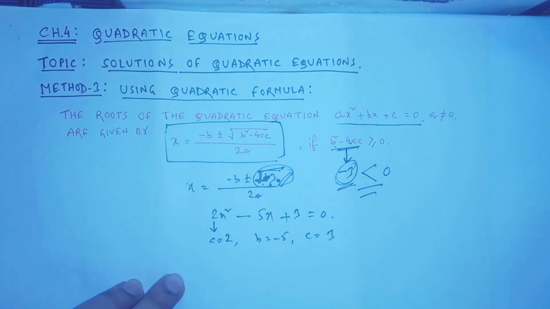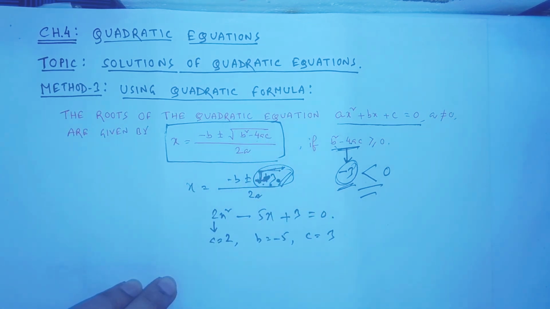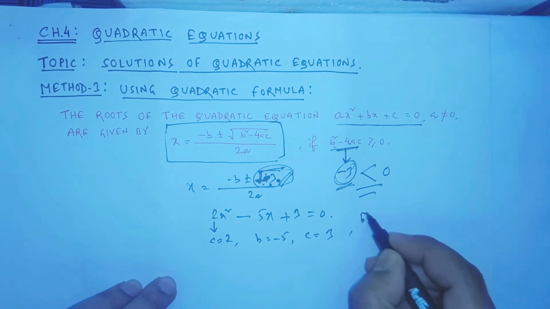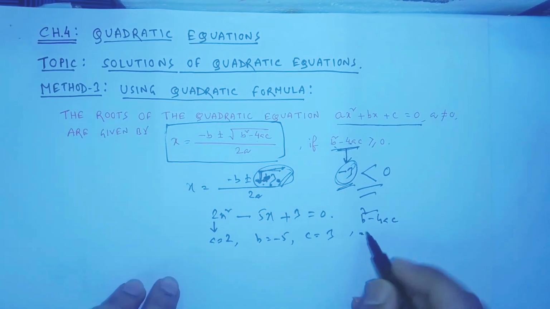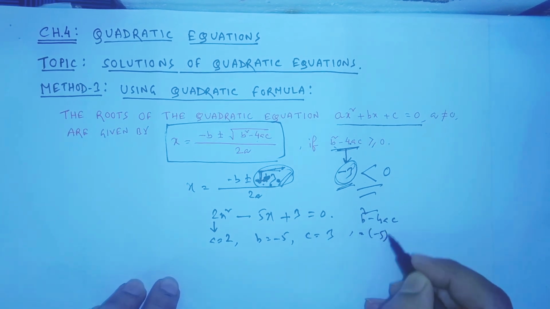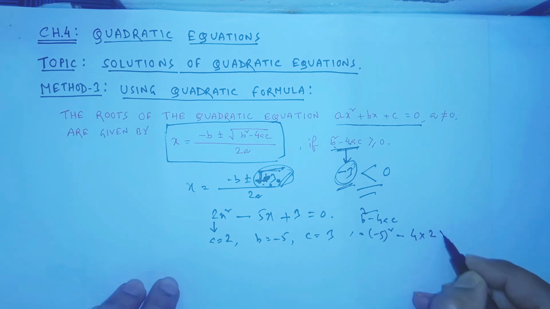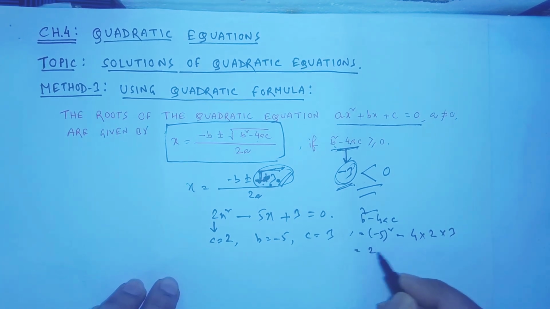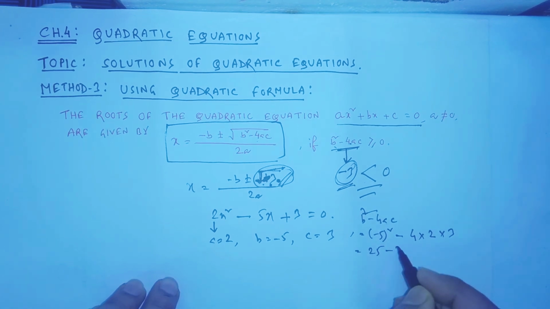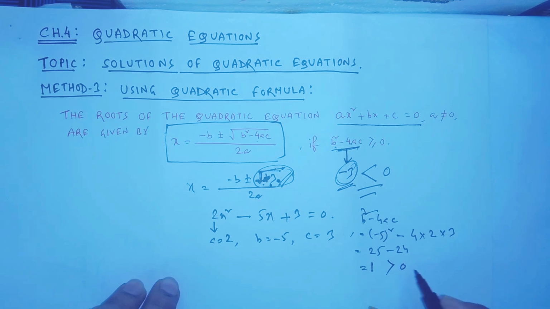Before getting the roots, first find b square minus 4ac: minus 5 whole square minus 4 into 2 into 3. Minus 5 square is 25, and 4 times 2 times 3 is 24. So 25 minus 24 is 1, which is greater than 0.